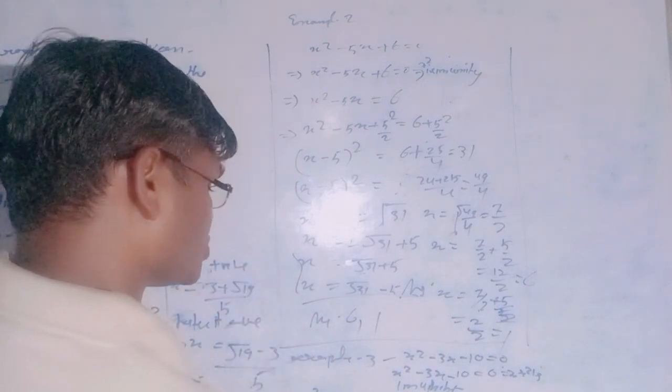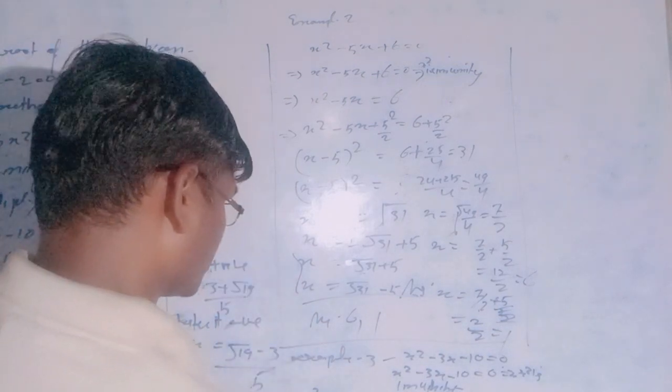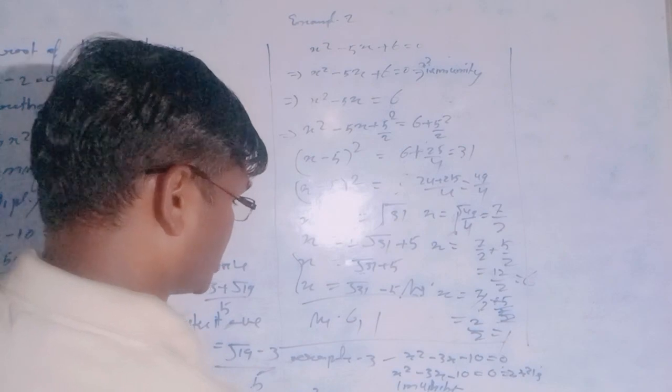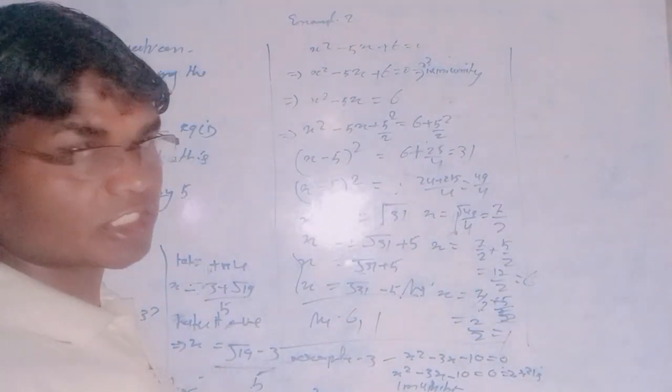So transpose this 10 to the right side. So x square minus 3x is equal to 10.